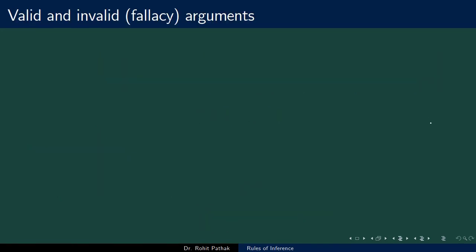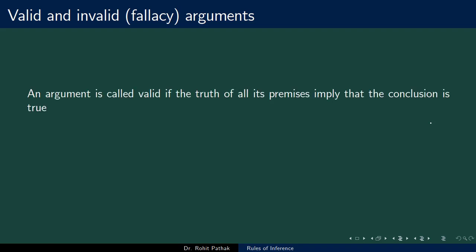Now, what are valid and invalid arguments? An argument is called valid if the truth of all its premises implies that the conclusion is true. In short, if the truth values of all the premises give the conclusion, or the conclusion is drawn from the premises, then the argument is called a valid argument.